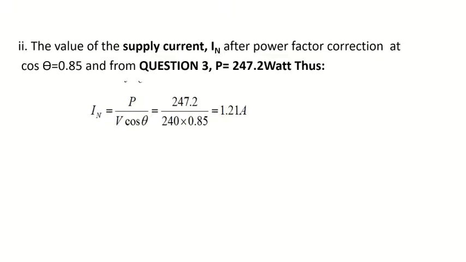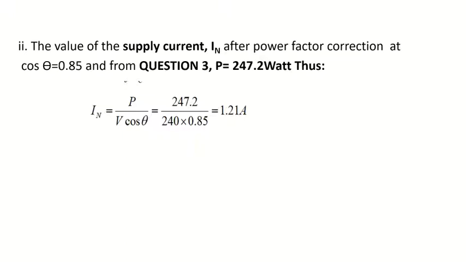So P is equal to V I cos theta, so in order to get I, I is equal to P divided by V cos theta.